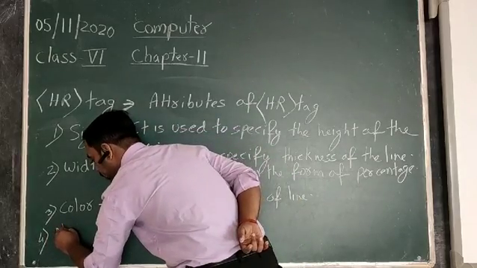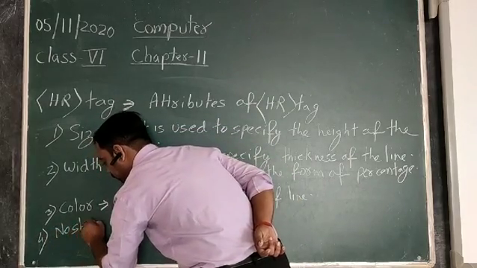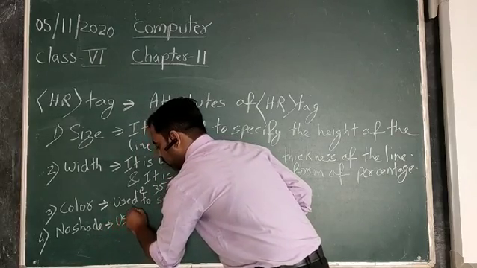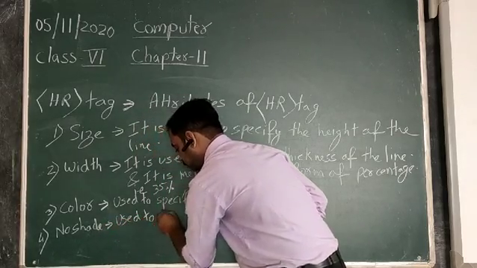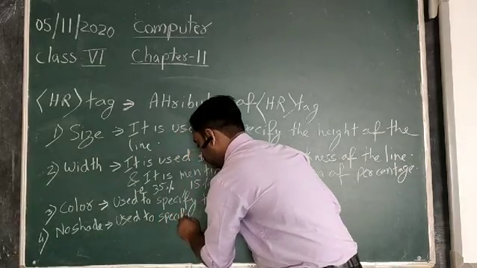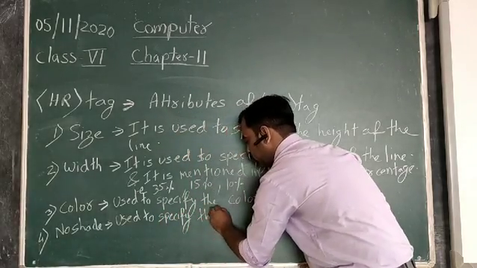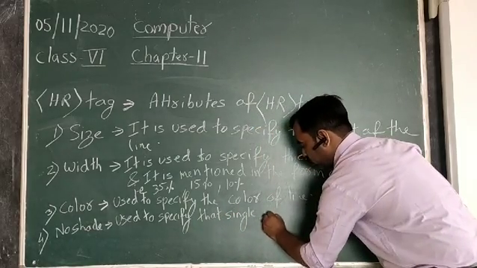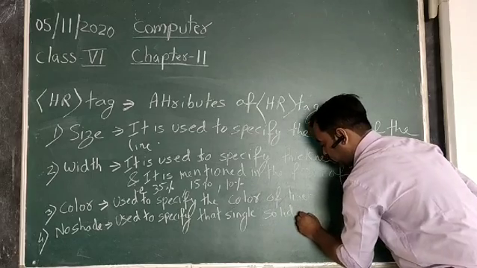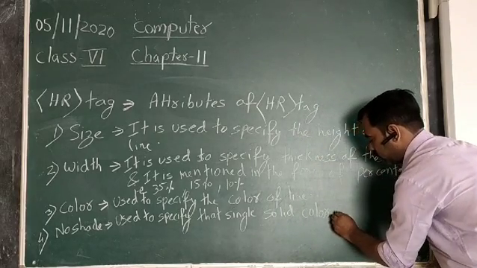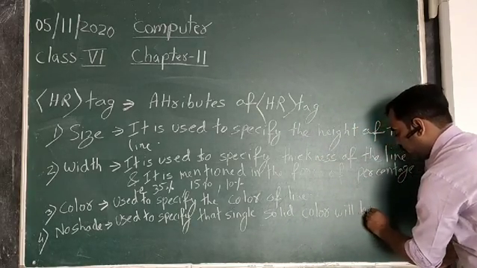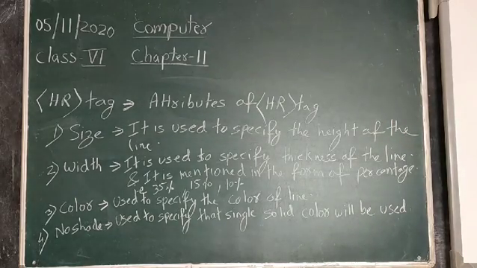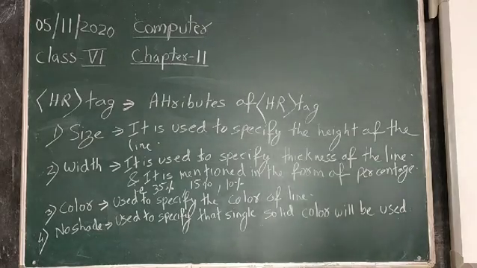Then no shade attribute: a single solid color will be used. Solid single color will be used to draw the line.